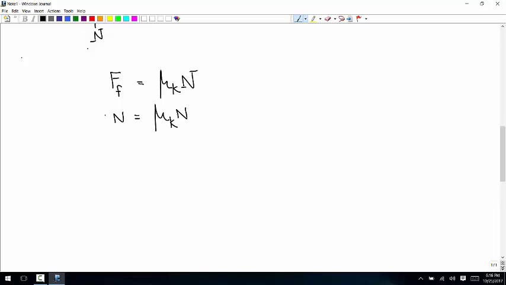So divide both sides by newtons, and you get that this coefficient is equal to newtons over newtons, which is, the units cancel out. It's just a pure number.